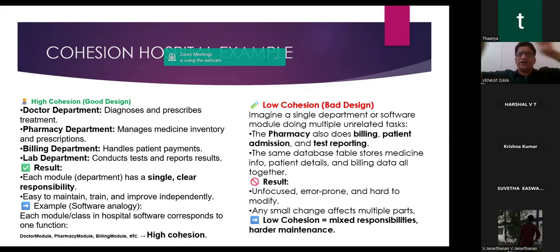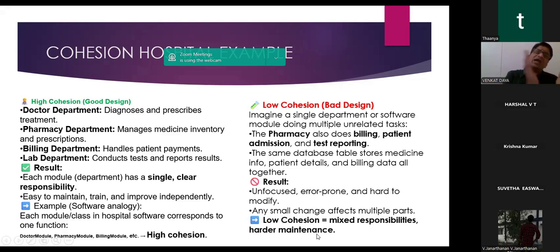That's why you have different components. Pharmacy is supposed to do the specific jobs of pharmacy-related work. The same database table stores medicine information and patient details, so much confusion, unfocused, error prone, and hard to modify. Any small change is going to affect many things, right? So low cohesion means mixed responsibilities and harder maintenance.